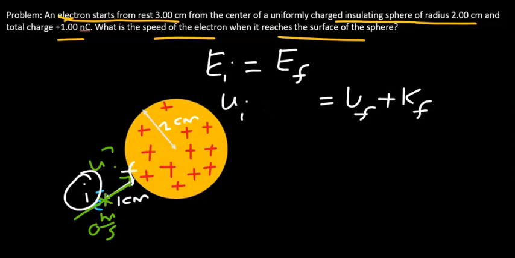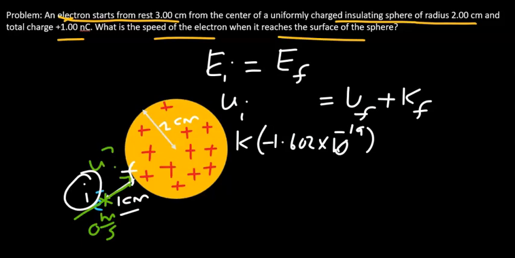The electric potential energy of the electron when it is 1 cm above the surface is given by K times the product of the two charges. The electronic charge is minus 1.602 times 10 to the power minus 19 coulomb.